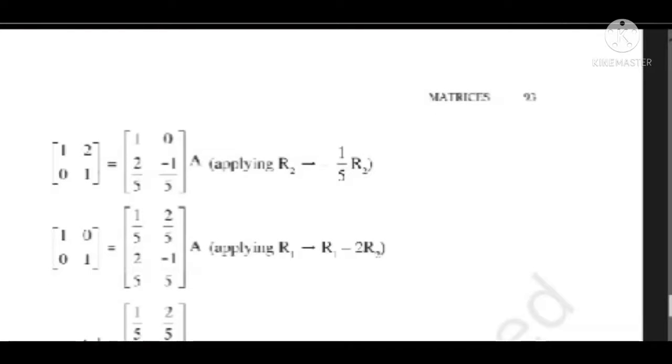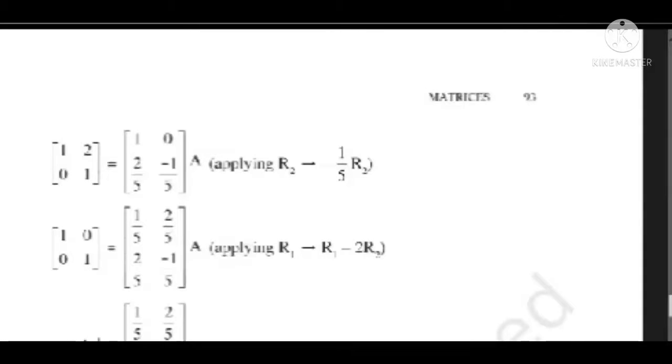So now you see your left hand side is the identity matrix, and the right hand side will be the inverse. From A equal to IA, if you take A to the left hand side, that will be A inverse. A inverse into the identity matrix gives the same matrix. So A inverse is equal to 1 by 5, 2 by 5, 2 by 5, minus 1 by 5.